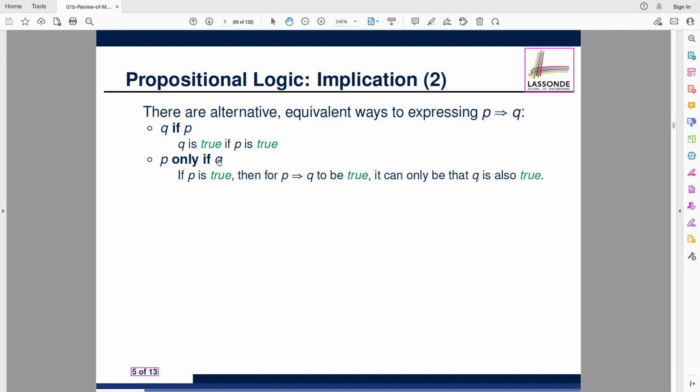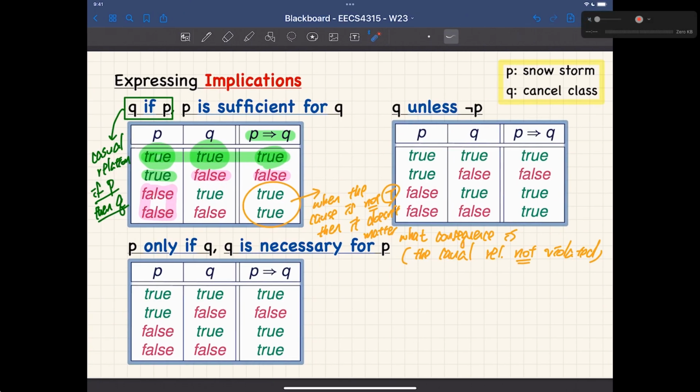Now, guys, are you okay with this? It's similar. I'm basically saying around the same thing, but just a slightly different interpretation. Let's see this. When we say P only if Q over here, let's write it down. P only if Q, right?